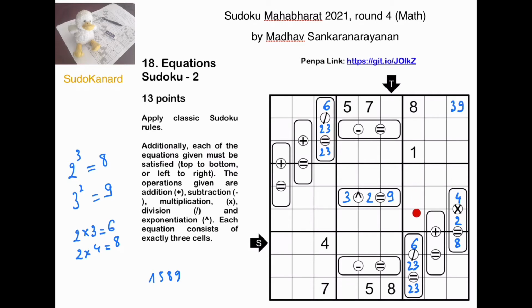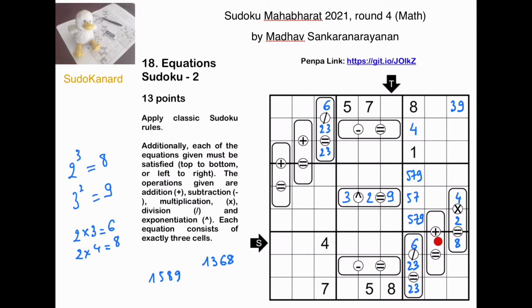This 4 is not there, so it has to be here. That's a good deduction. So the remaining 3 cells here are 4, 5, 7, and 9. And that leaves only 4 options for this digit, which are 1, 3, 6, and 8.